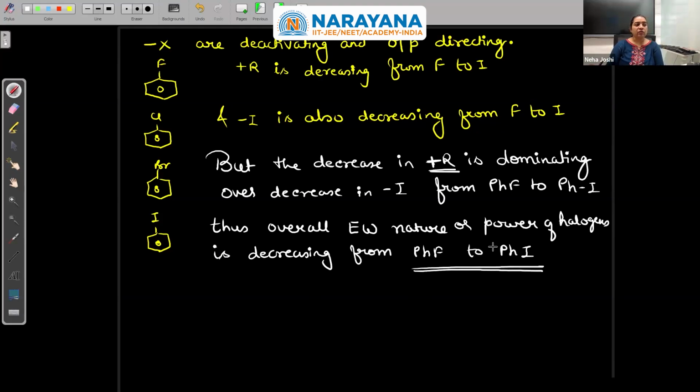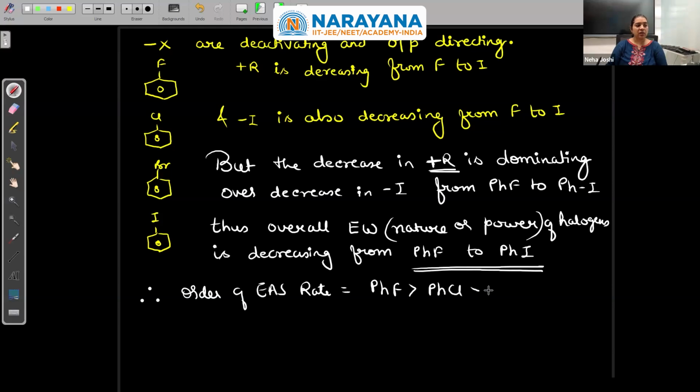That overall electron withdrawing nature or power, I want to use for this, of halogens is decreasing from PhF to PhI. Therefore, the order of EAS rate is: PhF is faster to react than PhCl, then PhBr, and then PhI.